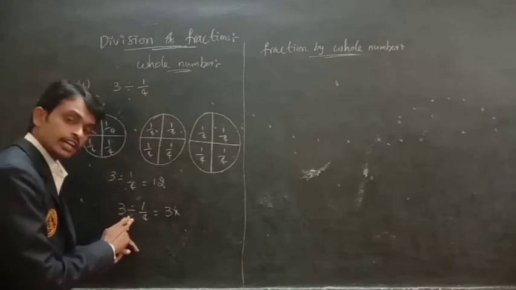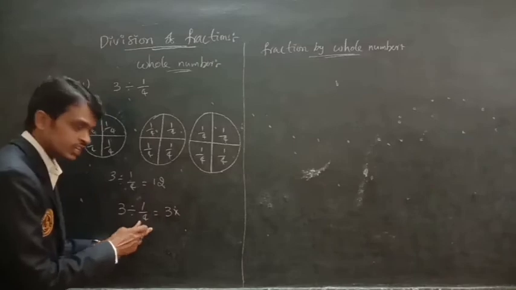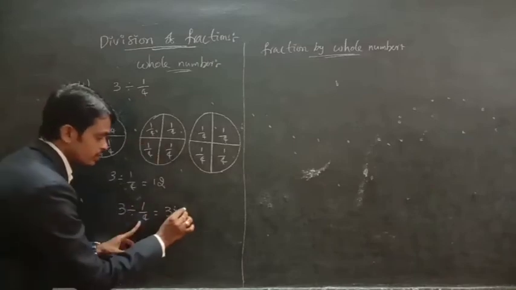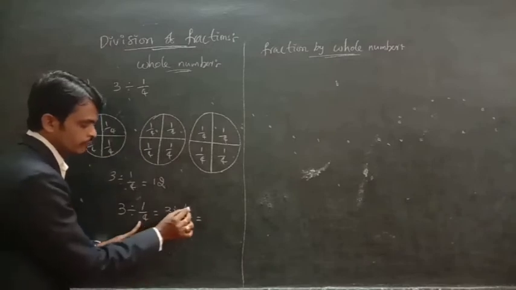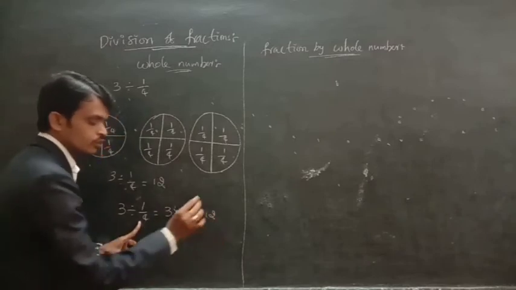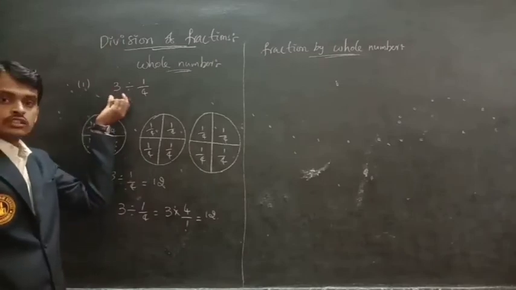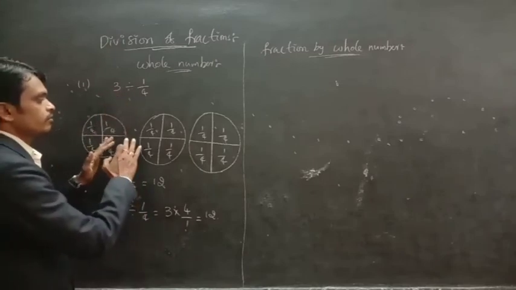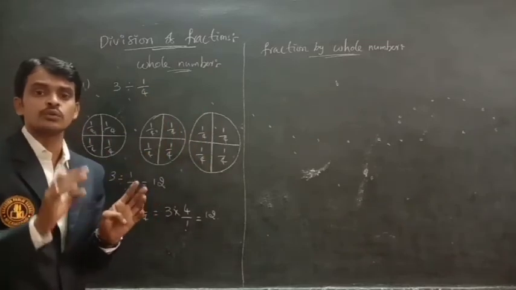So the division becomes multiplication. The 1 by 4 becomes 4 by 1. Nothing but 3 fours are 12.